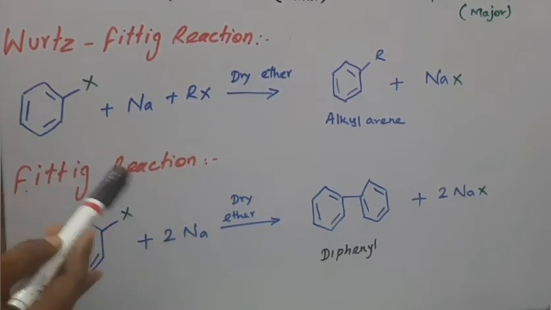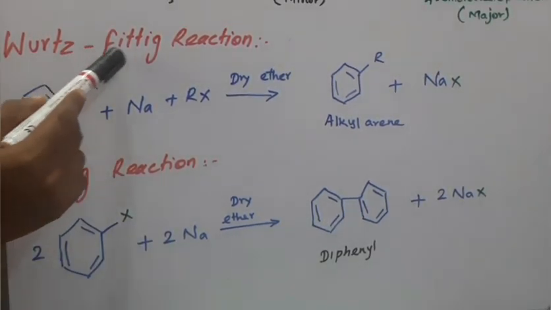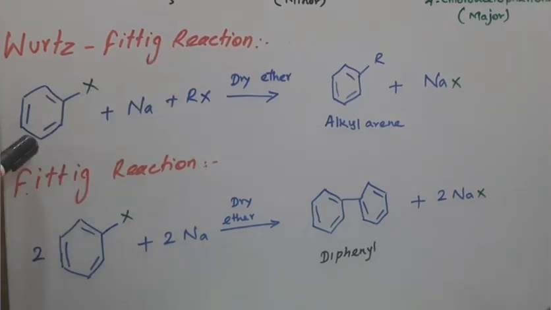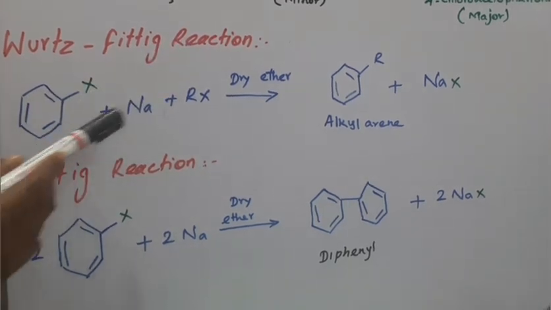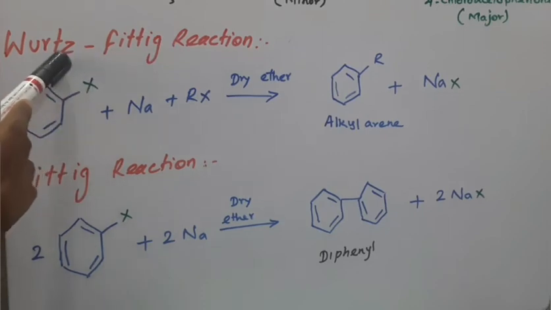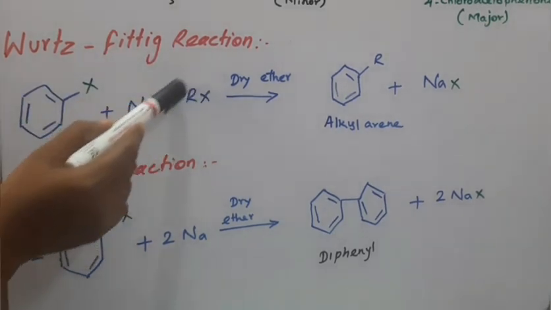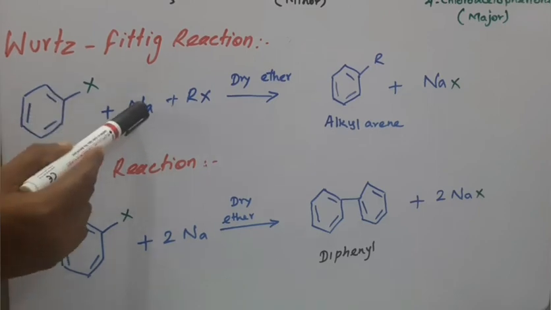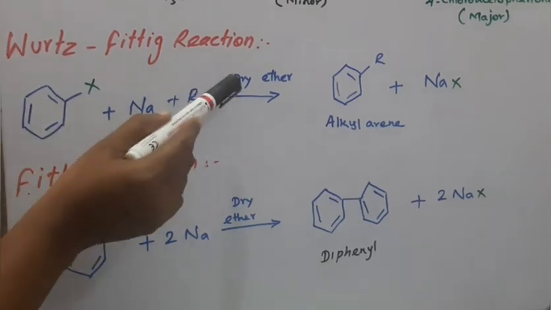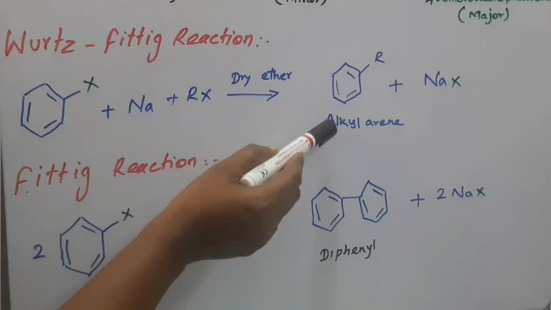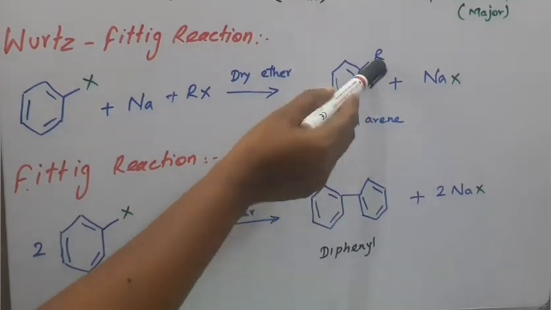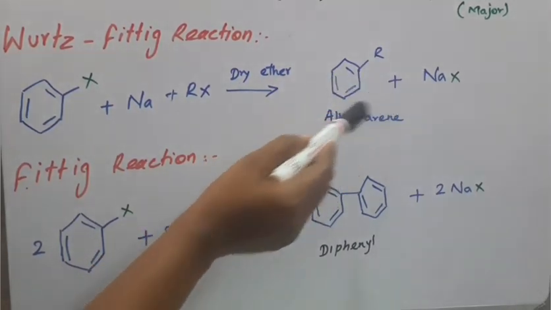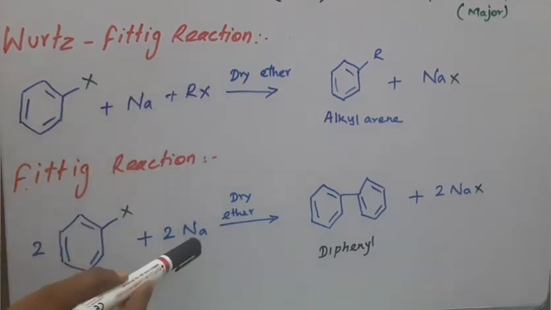So these two combined are called the Wurtz-Fittig reaction. The Wurtz reaction means alkyl halide, and the Fittig reaction means aryl halide reacting with a metal like sodium metal in the presence of dry ether, and we can get an alkyl arene. This is your Wurtz-Fittig reaction.